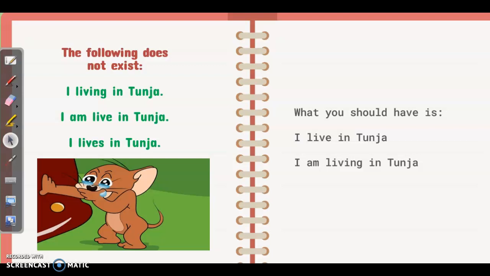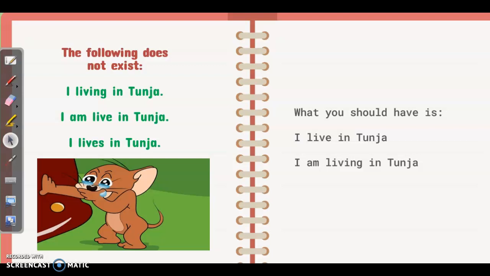So the following does not exist. You need to avoid this, okay? So be very careful and not make Jerry cry like this. If you say, si dices, I live in Tunja, no, porque pues está usando el sujeto, sí.